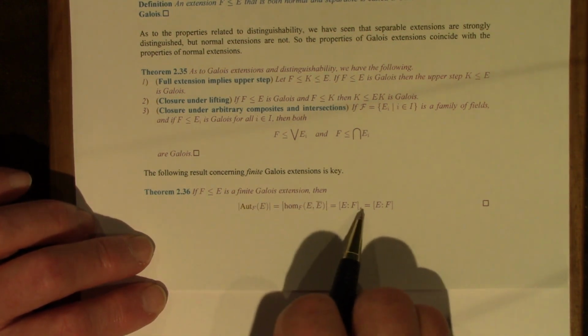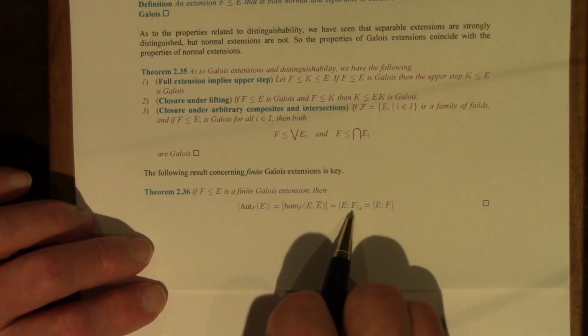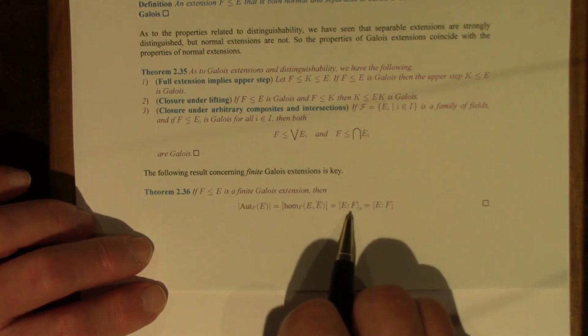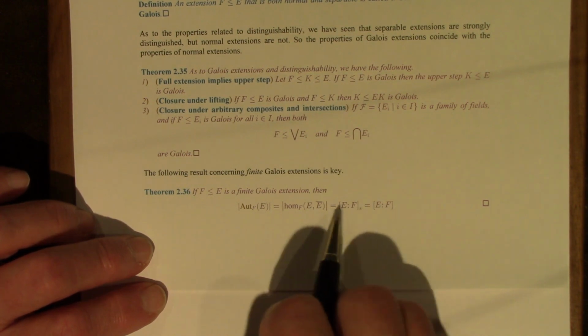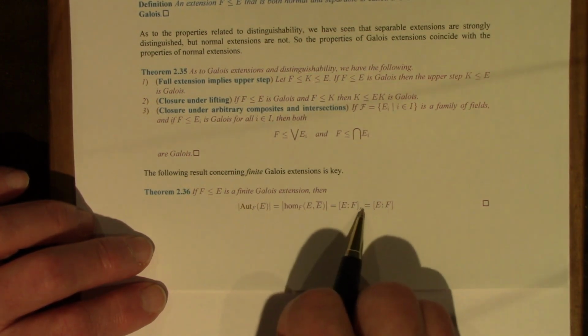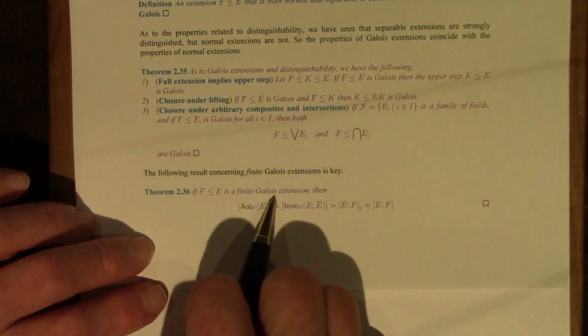And this cardinality is the separable degree because of the separability of Galois extensions. That's the definition of separable degree. This is the reason that the equality here holds, because Galois extensions are separable. Okay?